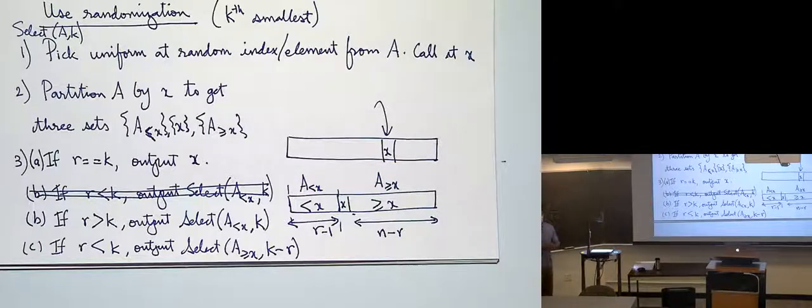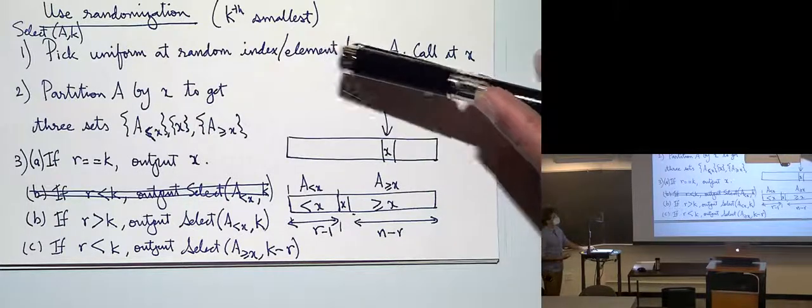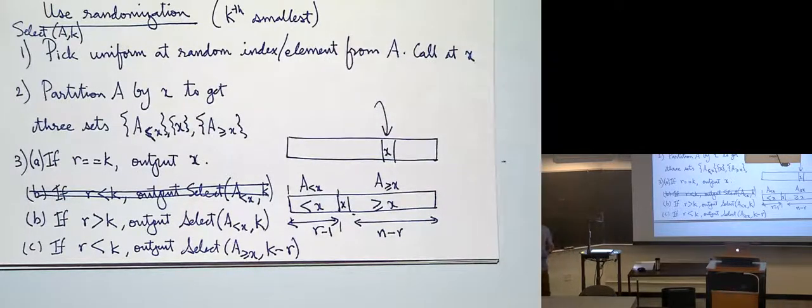Now, we haven't gone through any theory of randomized algorithms. Like, what does it even mean to have the running time? You have to start defining these things. Because depending on what you choose at random in the first step, it's going to affect the running time of the algorithm. So technically what you look at is the average runtime. But be careful, it's not the average over all inputs.